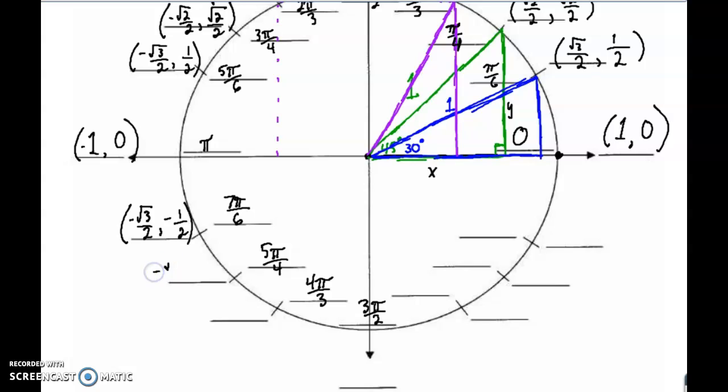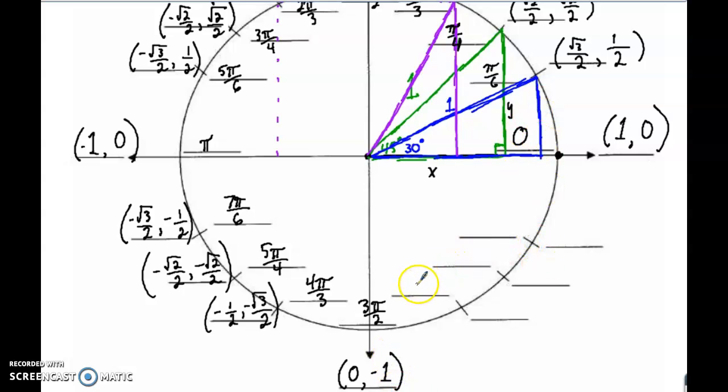So negative root 2 over 2, negative root 2 over 2, negative 1 half, negative root 3 over 2, 0, negative 1. And then the same thing goes into the fourth quadrant. This time x is positive again, but now we have a negative y value.